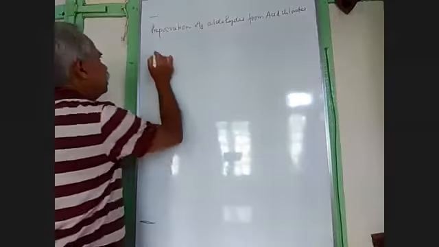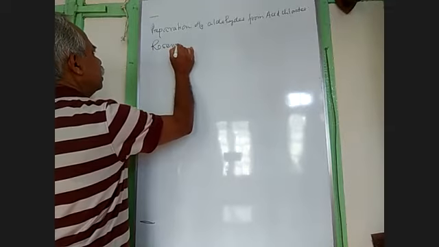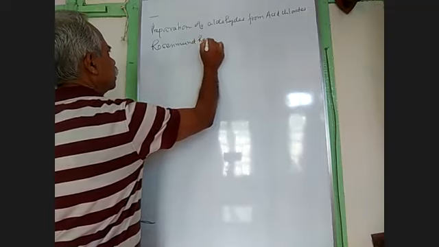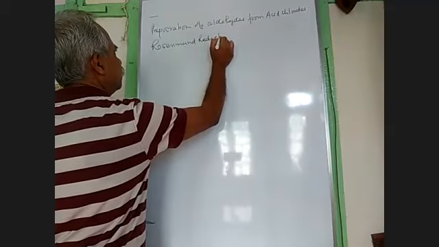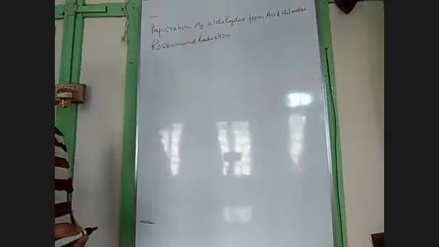Okay, this is called Rosenmund reduction. Army school, they have done aldehydes and ketones, so they know Rosenmund reduction.